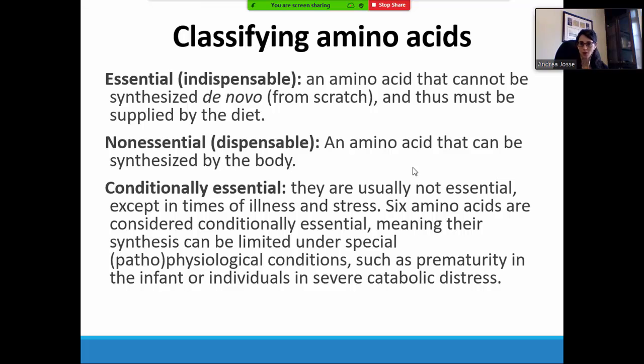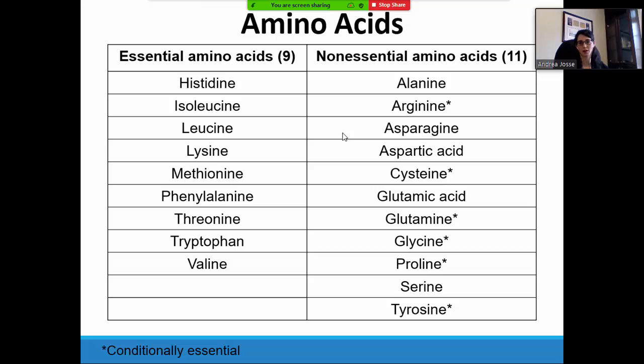So what does this all mean, okay? This is classifying these amino acids. So essential or indispensable amino acids, as they're sometimes called, are amino acids that cannot be synthesized from scratch in the body and thus must be supplied by diet. So if we go back to the previous slide, you can see here that these particular amino acids are essential, meaning that our bodies cannot make them.